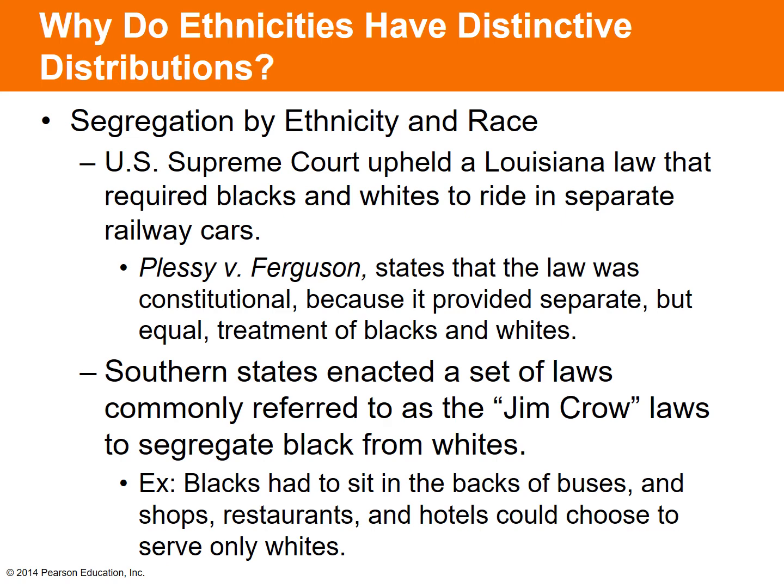And this Supreme Court ruling had a major effect in making Southern states feel like they had the legal right to do that. Blacks, for example, had to sit in the backs of buses, and shops, restaurants, and hotels could choose to serve only whites. And indeed, many of them did.